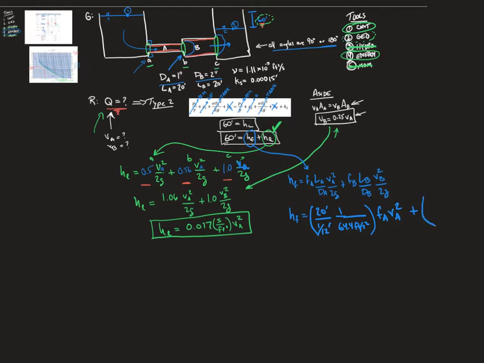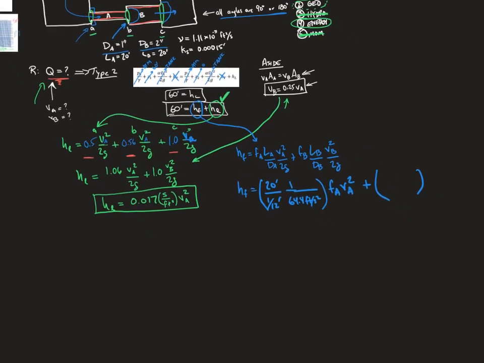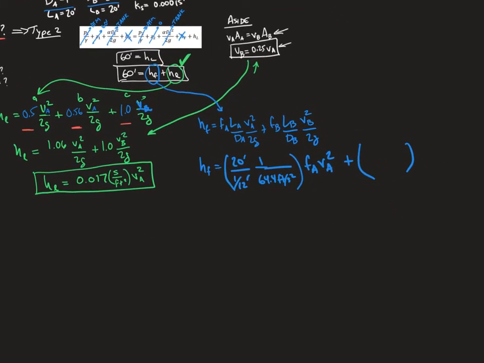And then we're going to follow the same pattern for the second one. We'll do LB, which is 20 feet, divided by its diameter, which is going to be 2/12 of a foot. Then we multiply that by 1 over 2G, which is 64.4 feet per second squared. I apologize for my sloppiness.